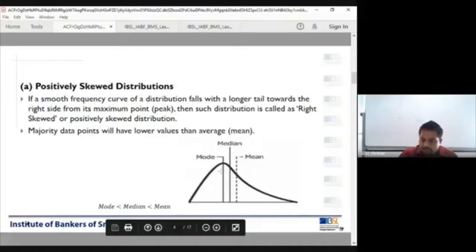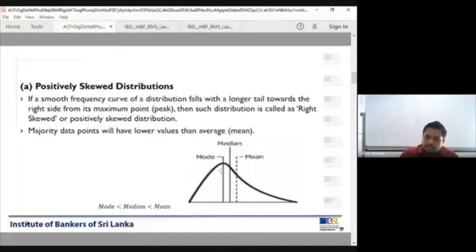So having identified the mode, the only thing to remember in this jargon would be that the mean value will be going towards the right side. Having defined the mode and mean, always the median value will lie in between.